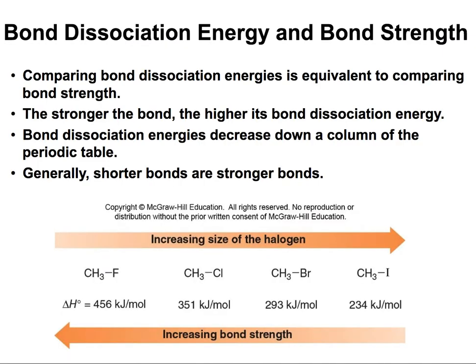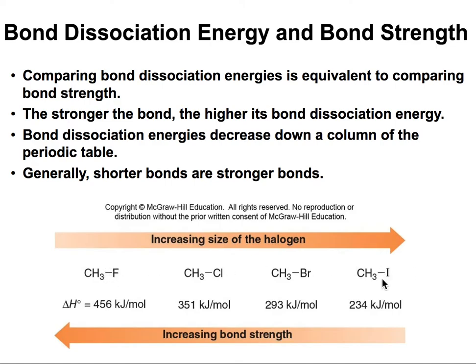So the bond dissociation energy is related to bond strength. When we look at a molecule like CH3F, you know by now that it has a very strong bond because F is small, so the protons in the nucleus can interact closely with the electrons in the bond.